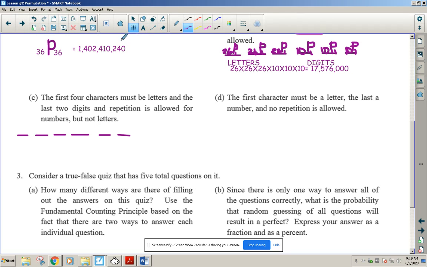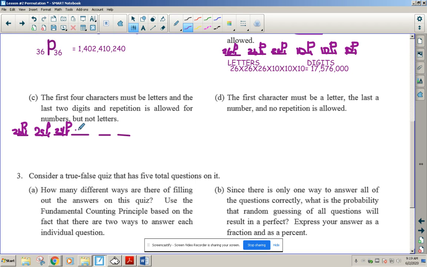So what they're saying to us here is, you have 26 letters, and you picked one. That brought you down to 25 letters, where you picked one. Now you have 24 letters, where you picked one.